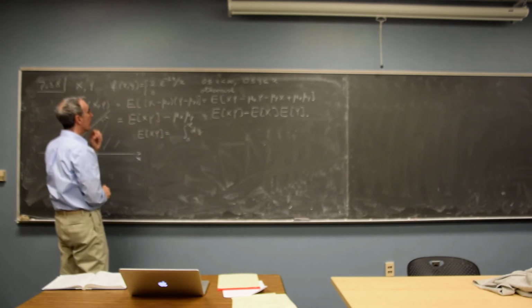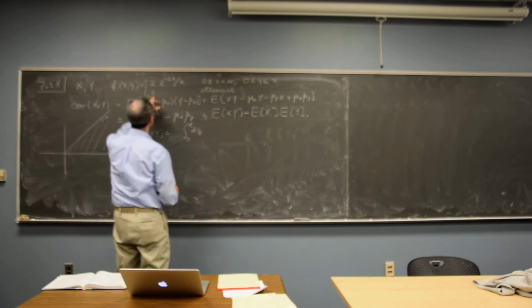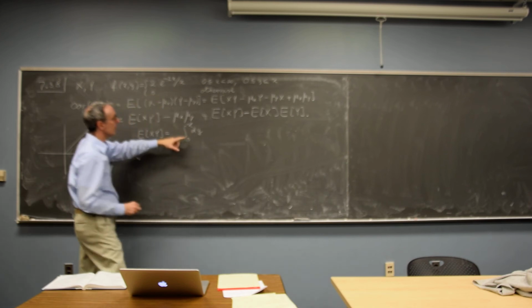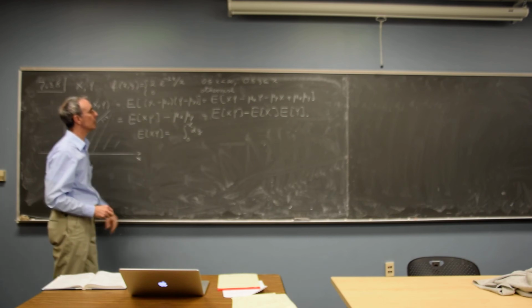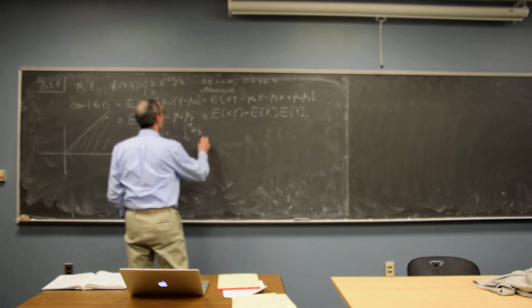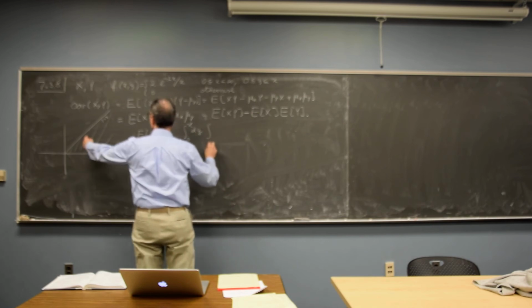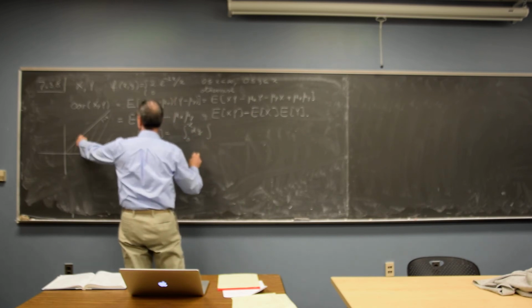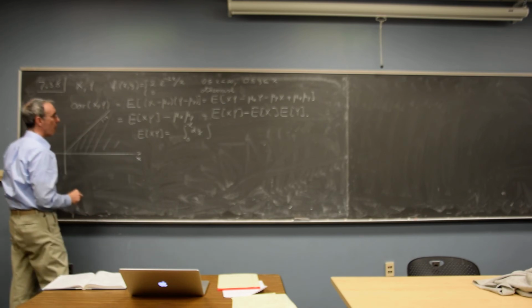And then you have the integration, you see, there is no dependence on y. That's why it is easier to integrate in y first. And then you have the integral from 0 to x dy.